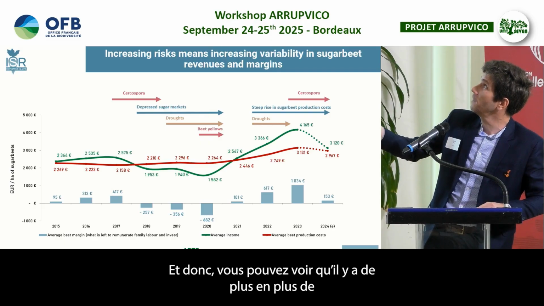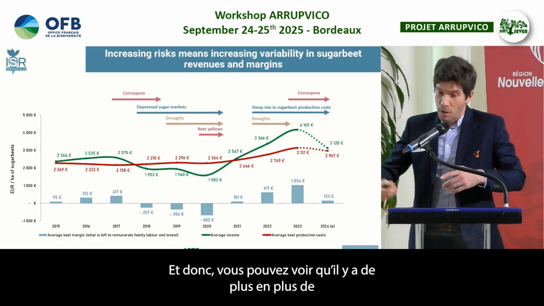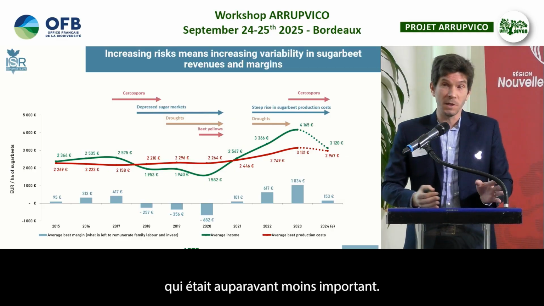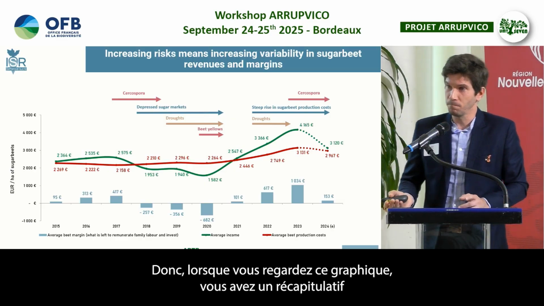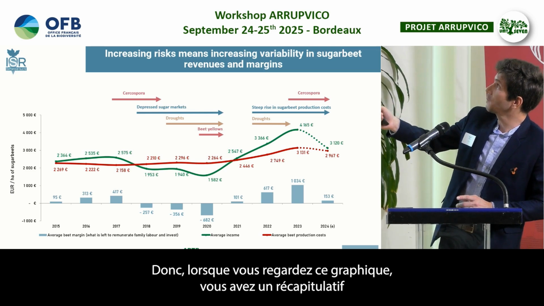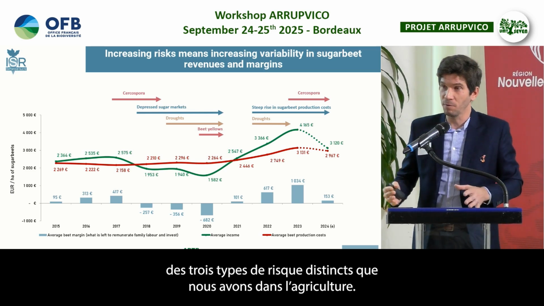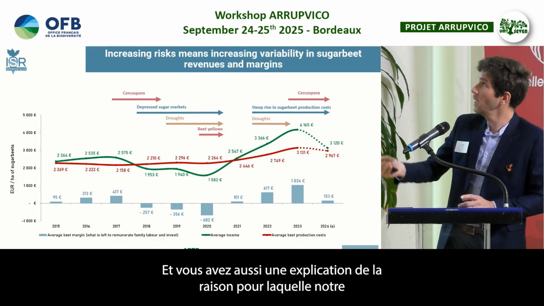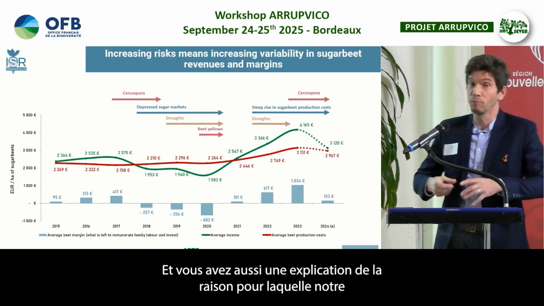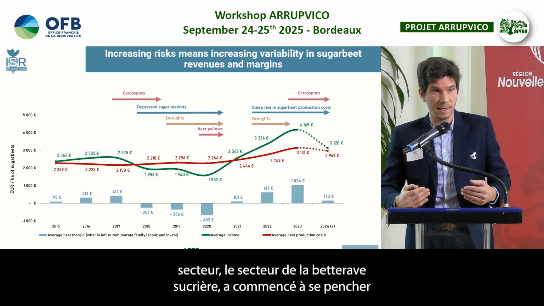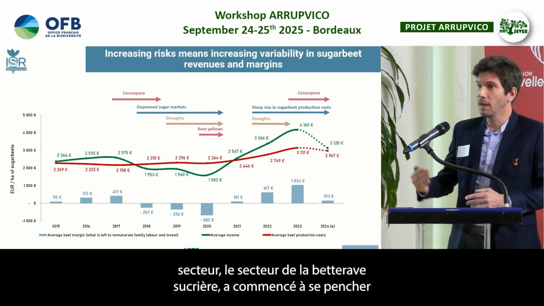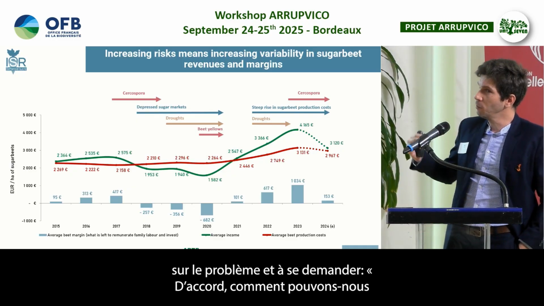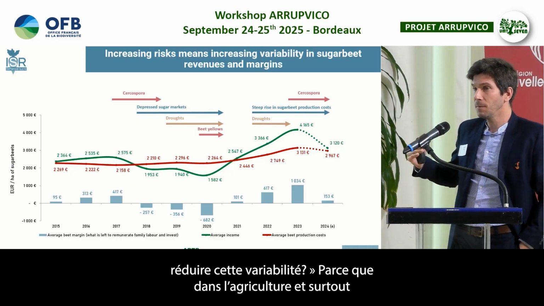And therefore, you can see that there are more and more issues with this third risk that used to be less important. So when you look at this graph, you have a recap of the three distinct types of risk we have in agriculture, and you also have an explanation of why our sector, the sugar beet sector, started to look at the problem and think, okay, how can we reduce this variability?